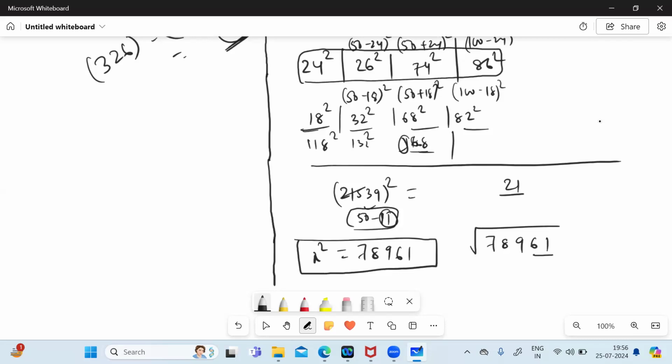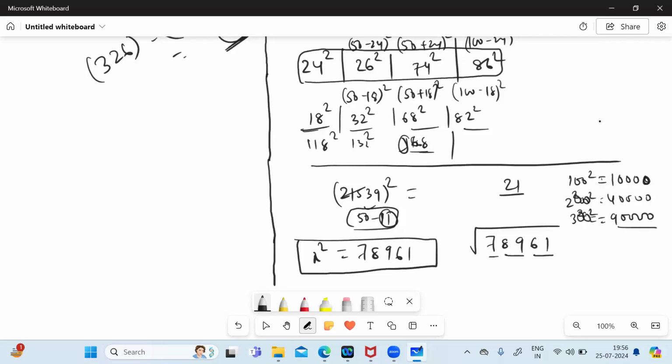I know this particular square: 100 square is 1 with 4 zeros. 200 square is 4 with 4 zeros. 300 square will be this.